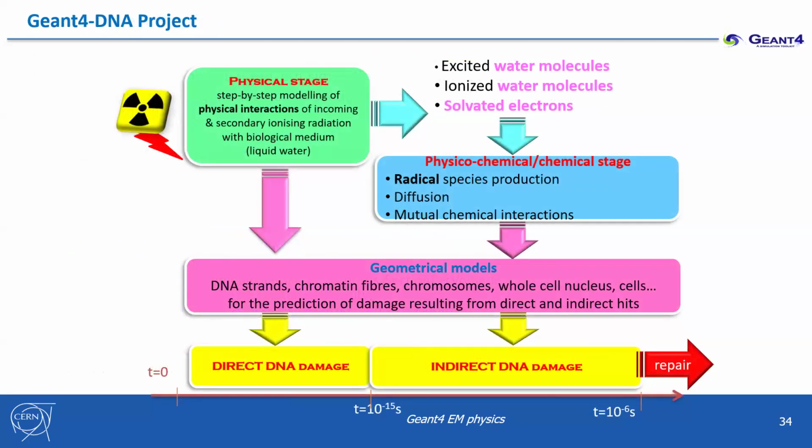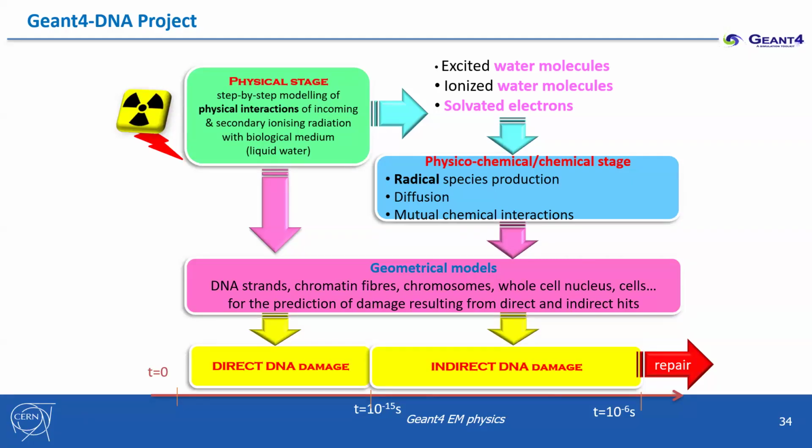And finally, there is the Geant4-DNA project, which I omitted. It is a project intended to simulate the effect of radiation on the human body. It has a physics stage, then a physicochemical stage, when radicals and solvated electrons are produced. Then there is transport of these chemical components.